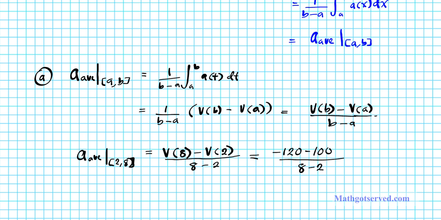And when you do the calculations, you get negative 110 over 3 meters per minute squared. Alright, so there goes your average acceleration from 2 to 8 using the table.